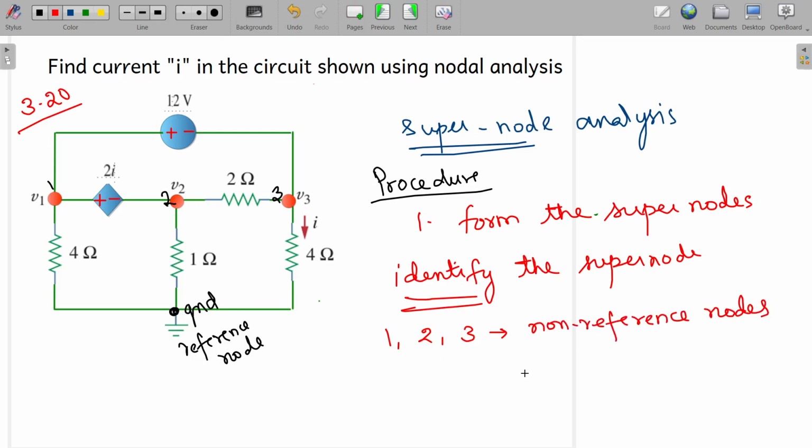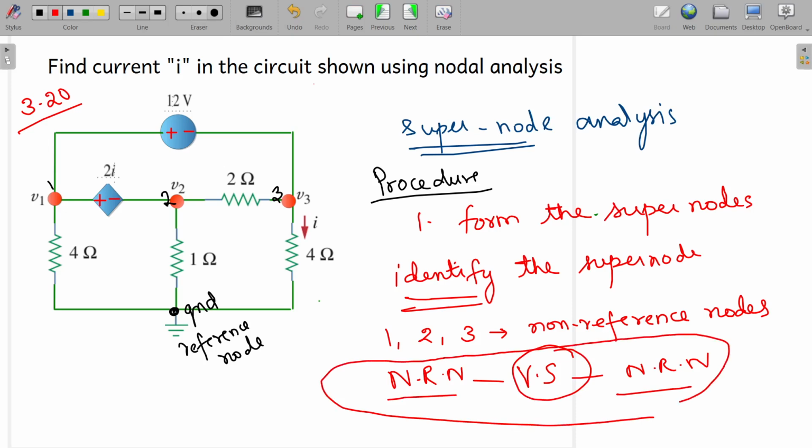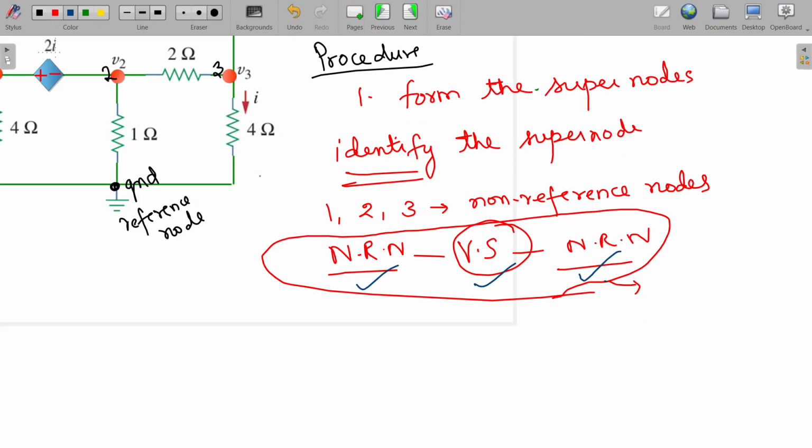If you have a voltage source in between the non-reference nodes, then you can enclose these together and call it a supernode. In this way we form a supernode. This is the simple way of forming the supernode. With this supernode, some other complications can also arise.